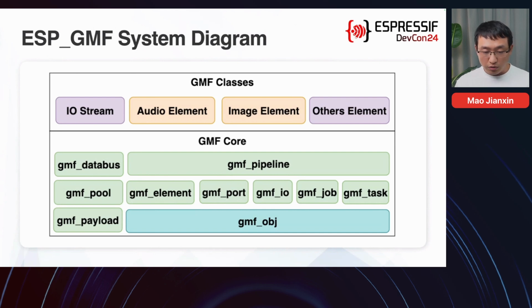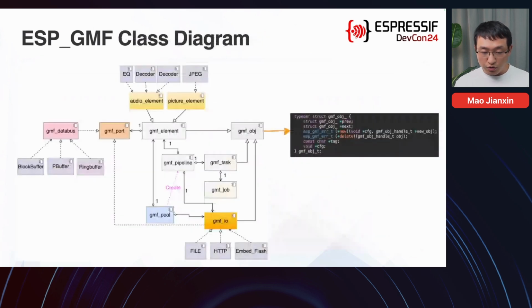This chart shows the class relationship of each module in GMF, highlighting its simple and flexible structure. GMF object is a basic class with its structure depicted in the figure on the right. The new and delete functions it provides allow inheriting classes to quickly create entities.